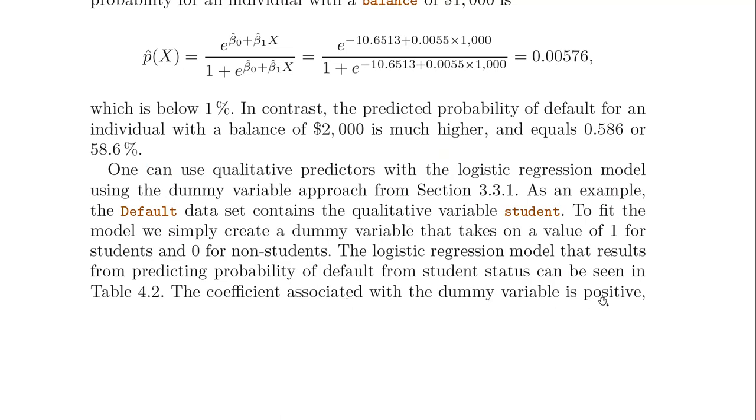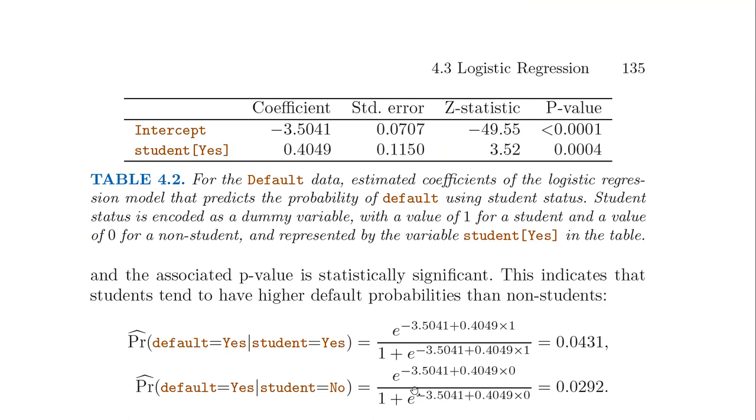So the coefficient associated with the dummy variable is positive. So that means if you are a student, you're more likely, I think. Again, if P is low, what was it? If P is low, H naught goes home.